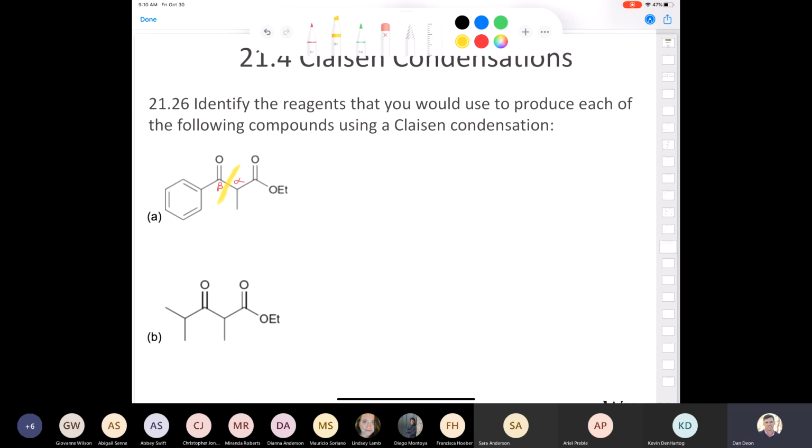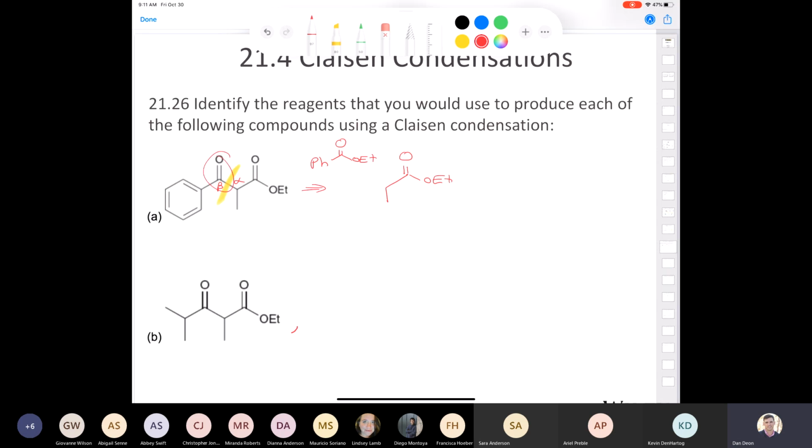Okay, so just in terms of retrosynthesis, you're going to be starting out with this ester, ethyl propanoate, and you're going to be starting with this ester, ethyl benzoate. Those are your 2 starting materials, right? Remember, it's not an aldehyde or a ketone that you're starting with.